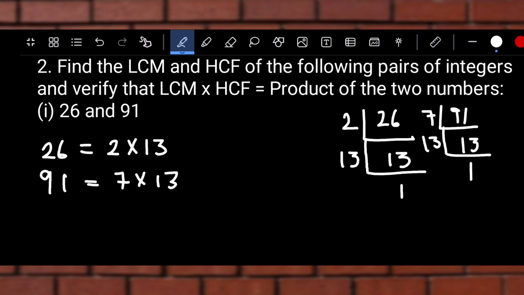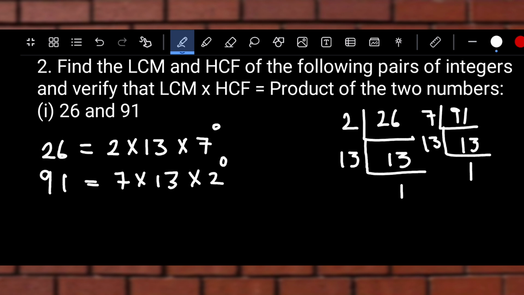Okay. So what I normally do is that I write the remaining numbers which are not there. In 26, you can see there's no 7, right? So I'll write 7 here. And in 91, you can see there's no 2. I'll write 2 here. But as these numbers were not available, I'll write them to the power 0. Okay?